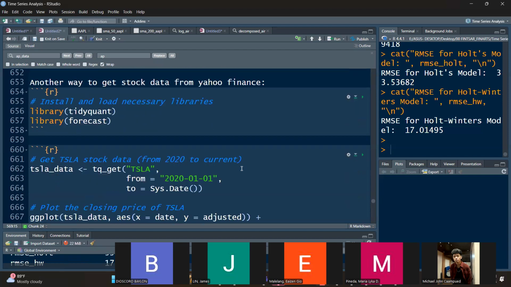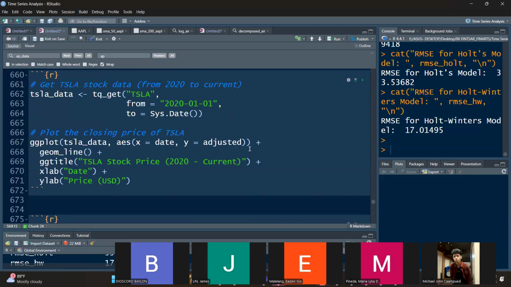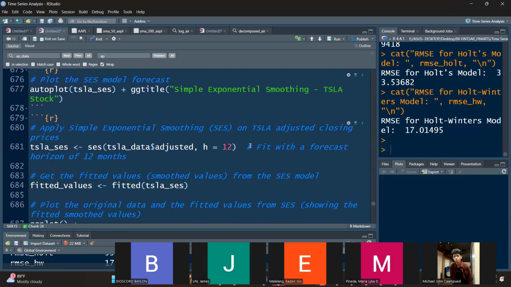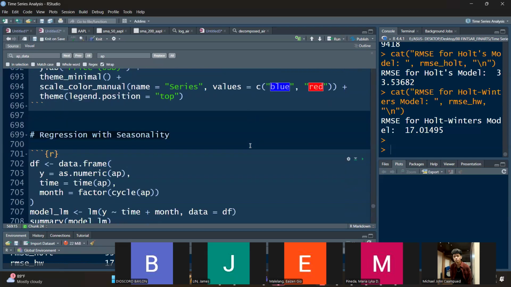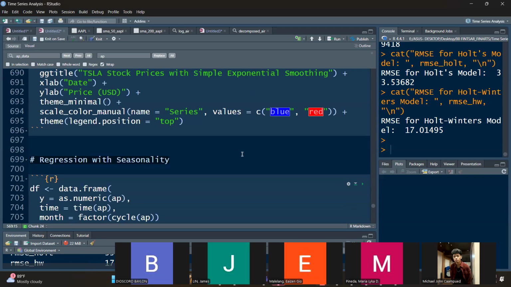So I leave you, class, to look at this also, Tesla. Please just run this, and it's quite similar to what we did above. This is applied to finance. Next meeting, we're going to do regression, another method.